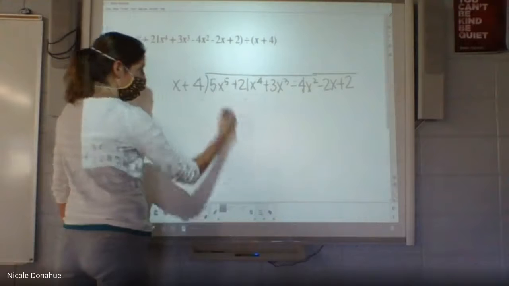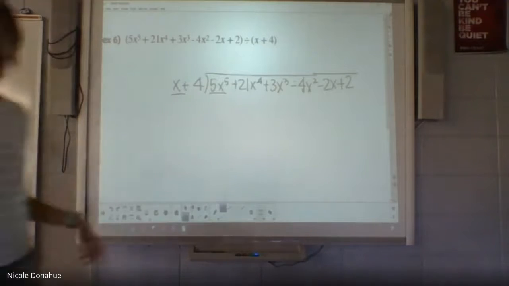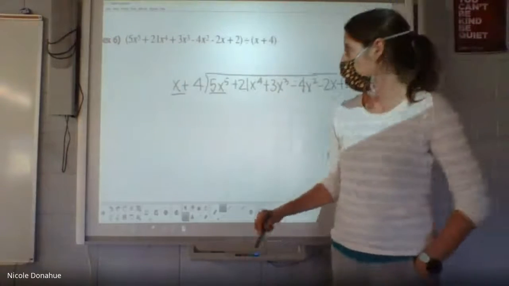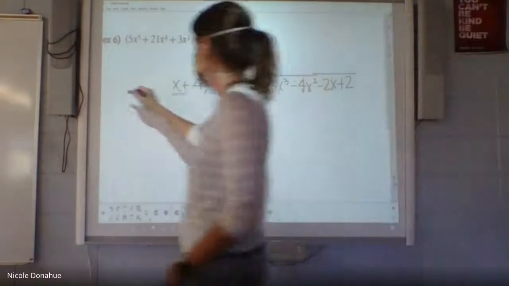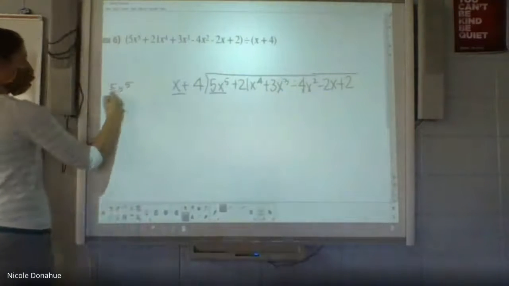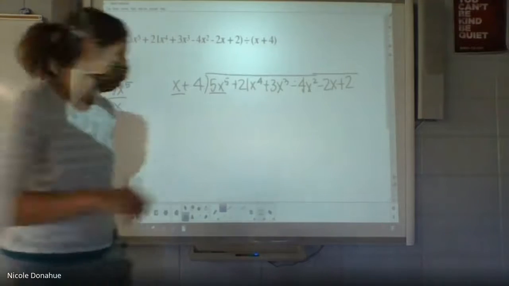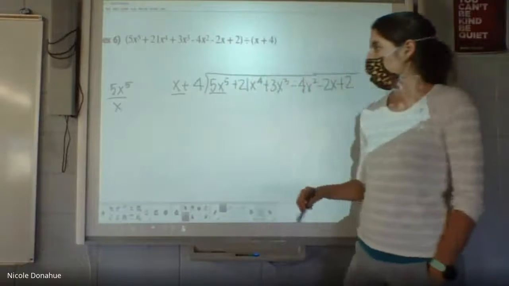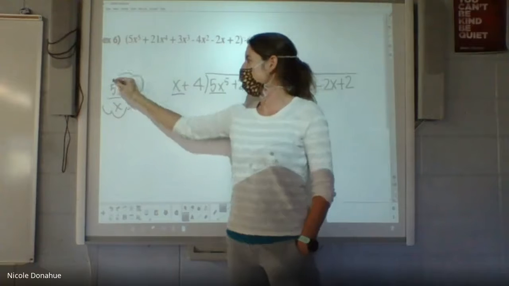Okay. So divide. What's going to go on top first? 5x. 5x to the 5th divided by x. What do I get? You guys know how to do this. We just did this.